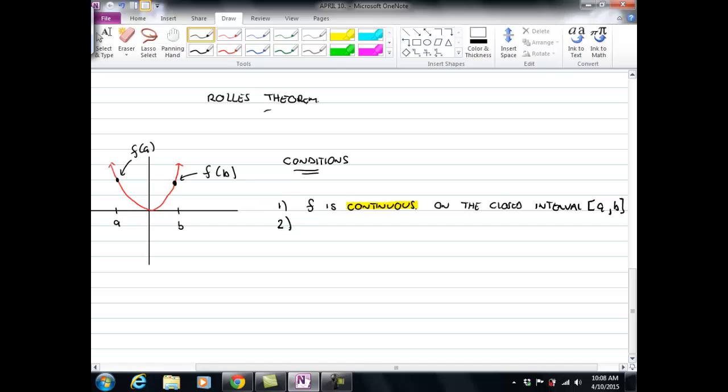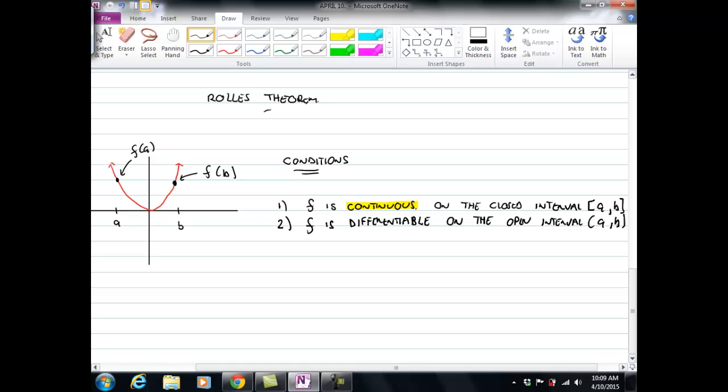2. f is differentiable, which means I can find the derivative, which means the slope of the tangent line exists. f is differentiable on the open interval (a, b).